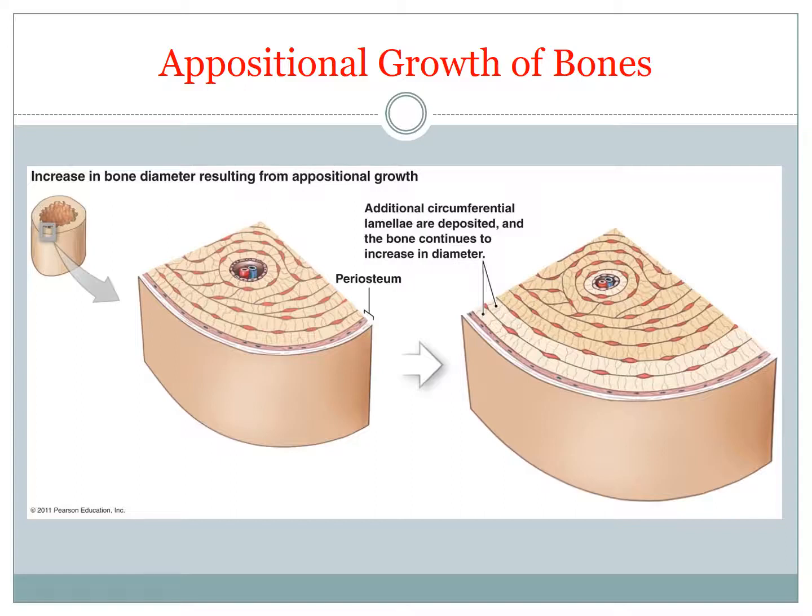While bone is being added to the outer surface through appositional growth, osteoclasts are removing and recycling lamellae at the inner surface. As a result, the medullary cavity gradually enlarges as the bone increases in diameter. Appositional growth is important in increasing the diameter of existing bones, but it does not form the original bone.